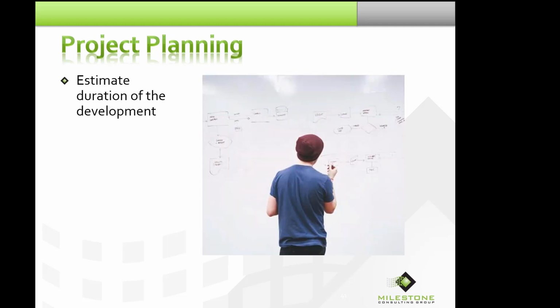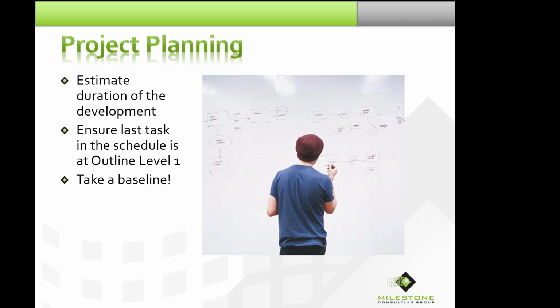During planning, estimate the duration of the development. That's the Agile development. Make sure the last task in the schedule is at outline level 1, and then absolutely take a baseline. During project execution, set up each sprint at an appropriate cadence, track your progress, and then close out the sprint.